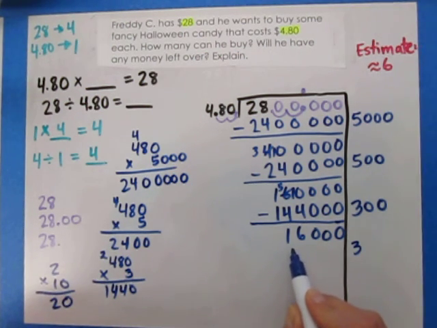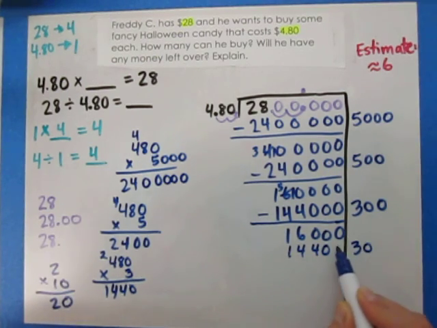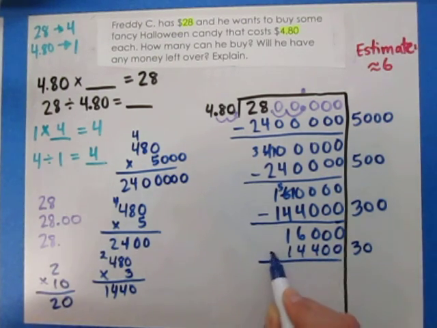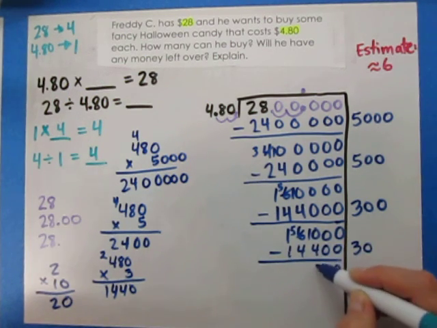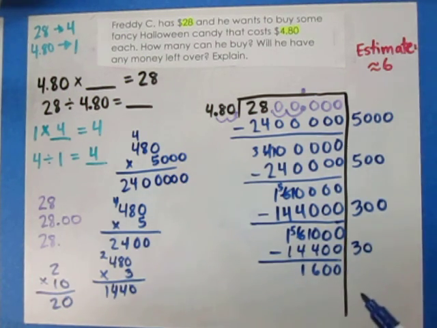3 times 480 was 1440, so I'm going to say 30. And I'm going to end up with 1600. Ooh, I'm almost done.